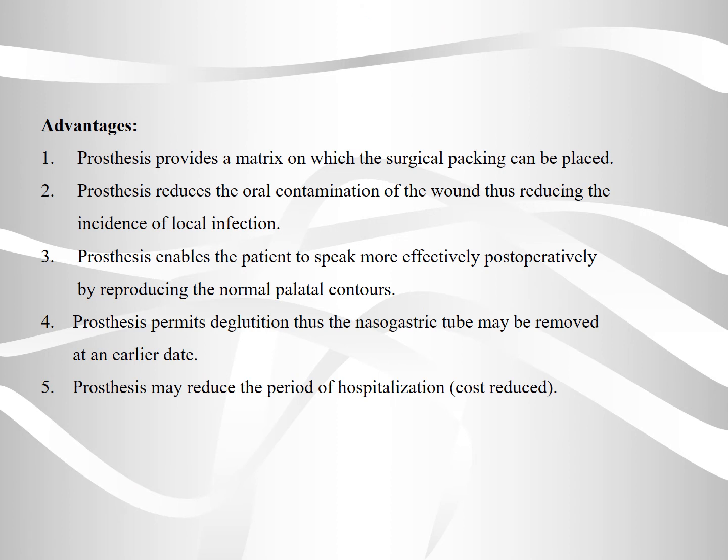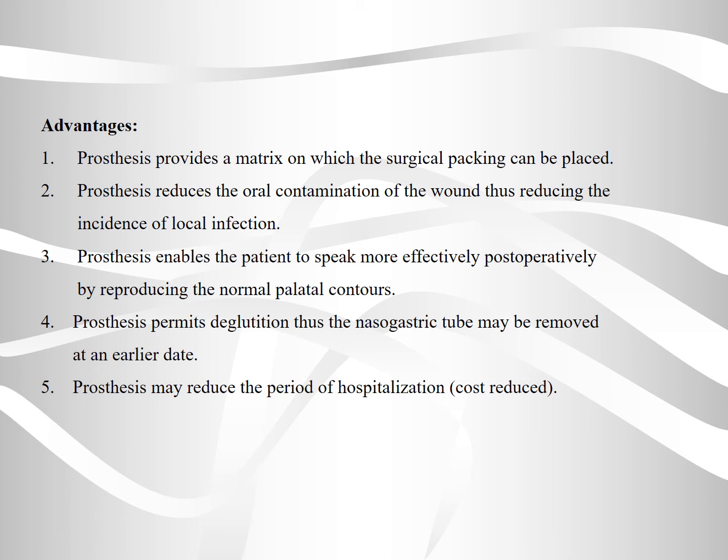The advantages of these obturators are: the prosthesis provides a matrix on which the surgical packing can be placed. It reduces the oral contamination of the wound, thus reducing the incidence of local infection.